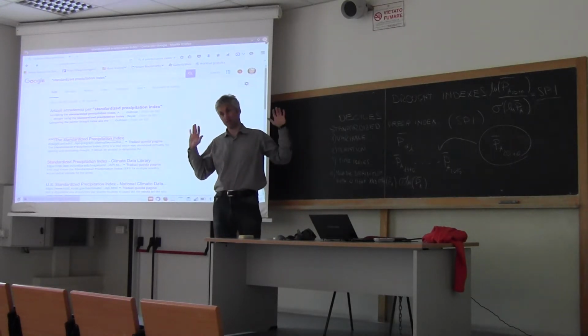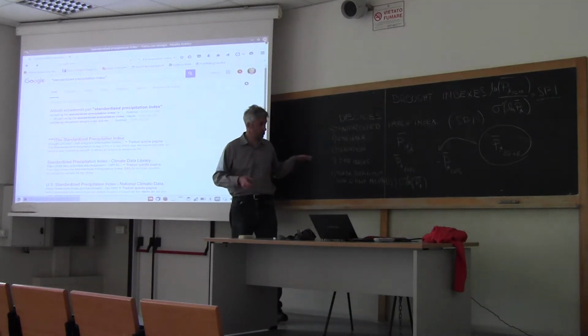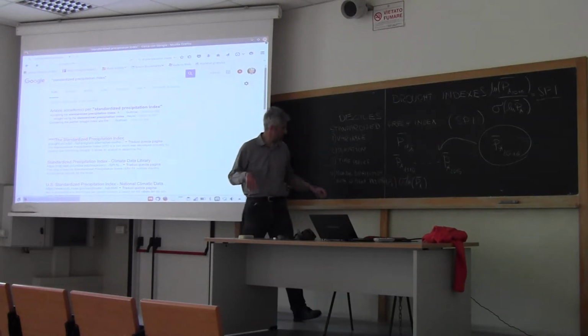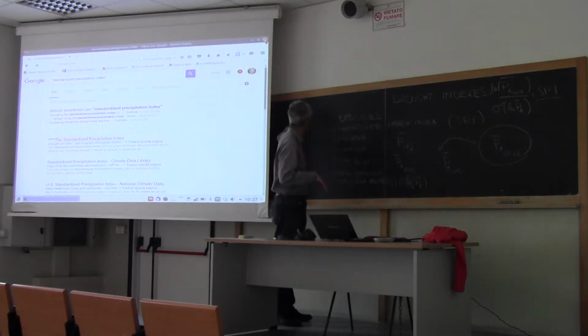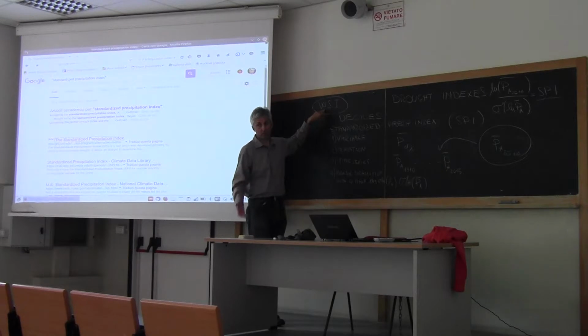Okay, so this is the SPI, and as I said, for the indexes, I don't want to say more. I just want to say that there is an index called, I think, Water Surface Index, and there are different acronyms proposed by the literature, but it's the same index applied to the surface water.